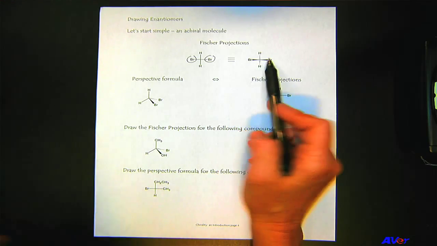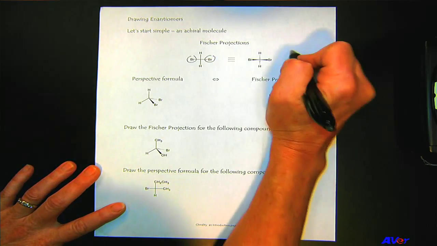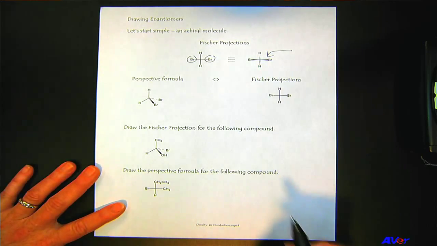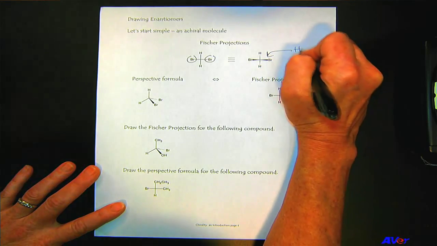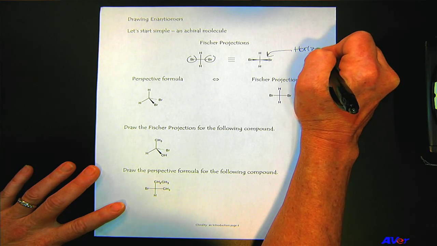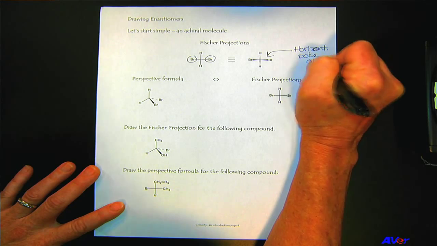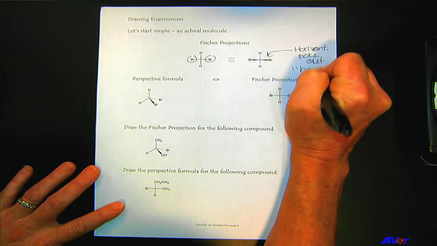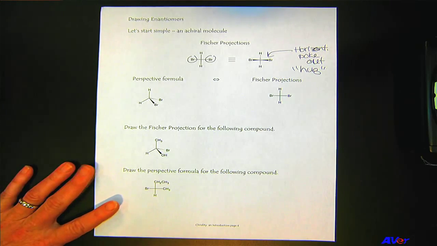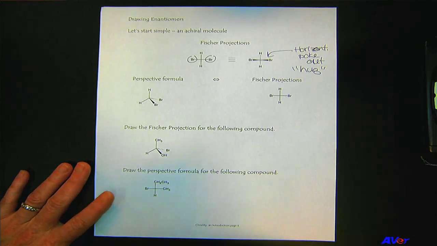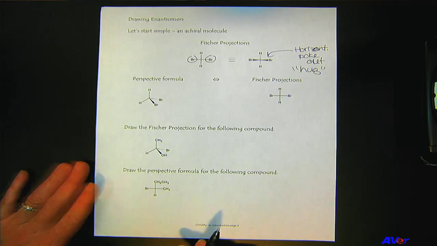For me, it helps to see the horizontals reaching out like a giant hug. They poke out, like they're trying to hug us. The verticals are veering away, but the horizontals are trying to hug.